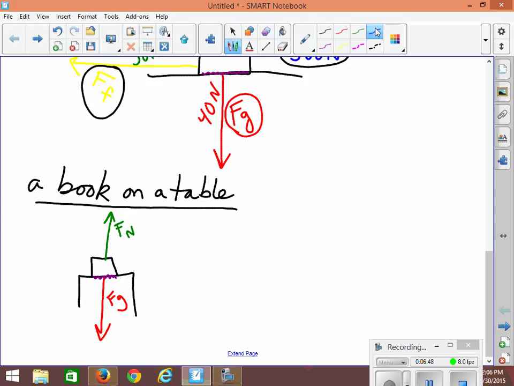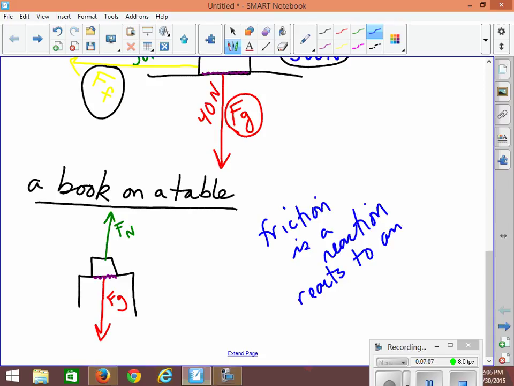However, you should remember that friction is a reaction force. In other words, it doesn't turn on unless you try to pull something. So it reacts to an applied force. So technically, there really isn't any friction unless you try to pull something.